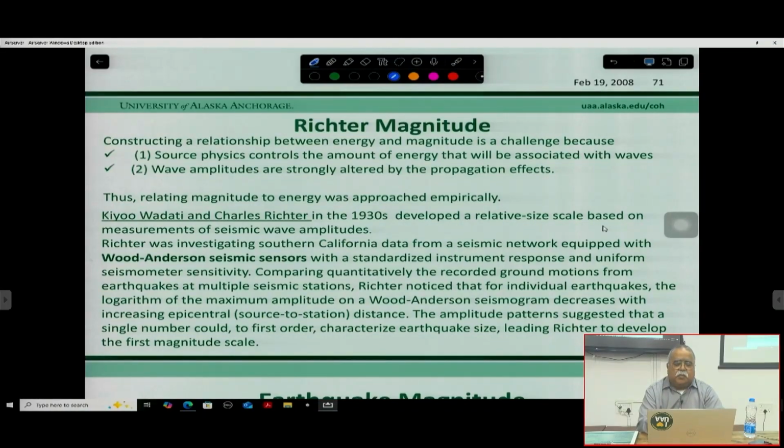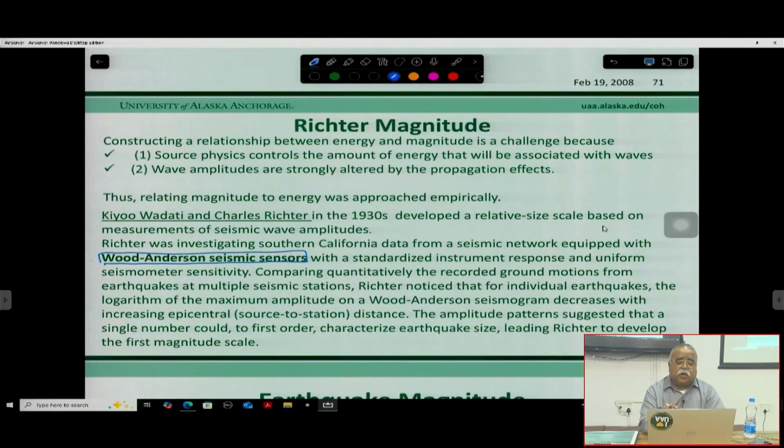We'll come to that, but Richter was investigating California earthquakes. He was only interested at the time in Californian earthquakes. He had seismographs called Wood-Anderson seismic sensors, which were installed in the California area.